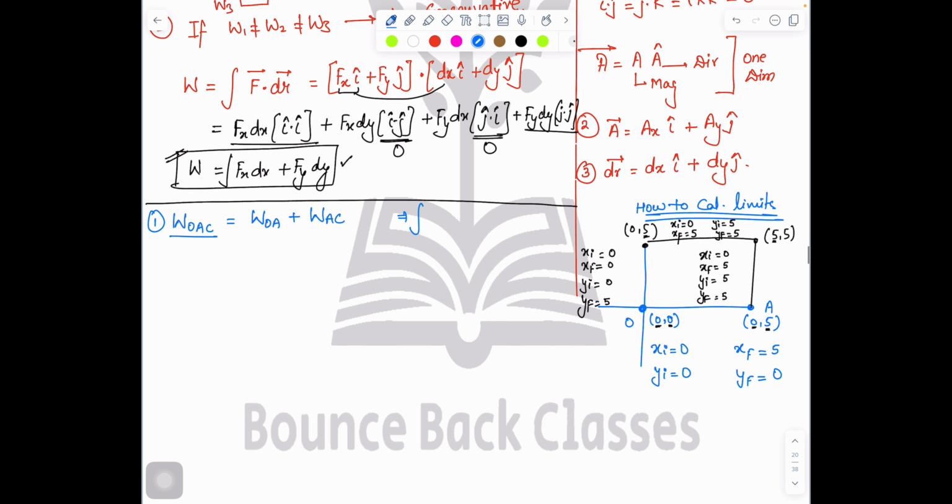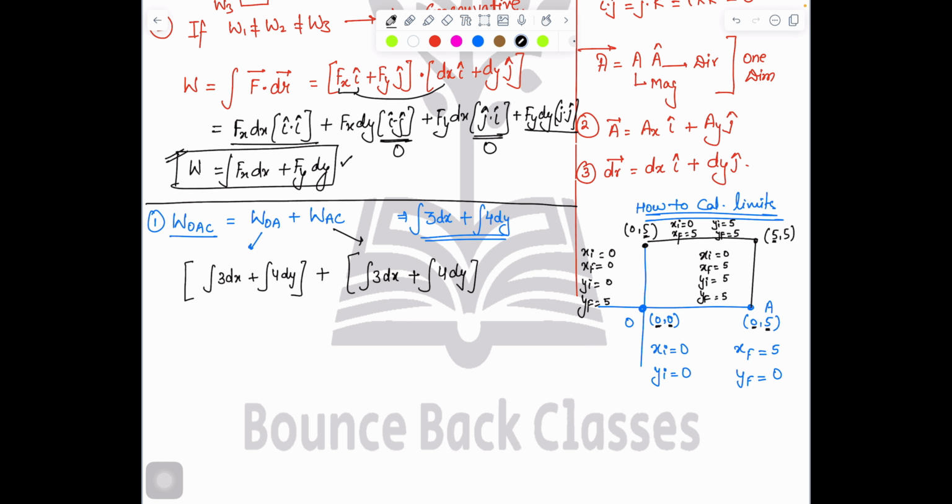So integration 3 dx plus 4 dy. Clear? So along x-axis and along y-axis. Solve work done along OA. So work done along OA, integration 3 dx plus 4 dy. Clear? Plus along AC, same thing, integration 3 dx plus integration 4 dy.